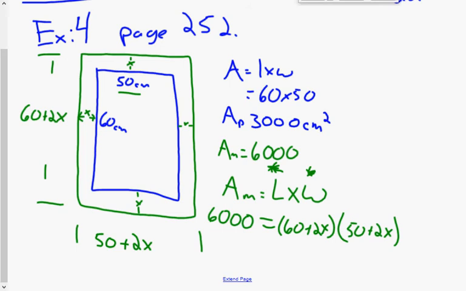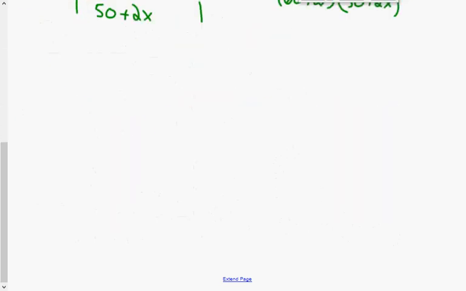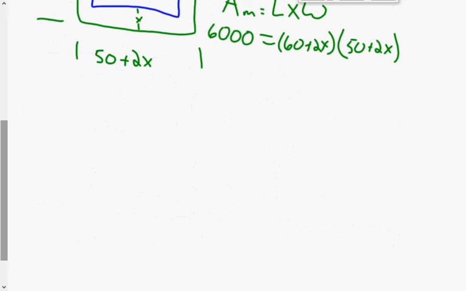Now I can work this out and then probably use the quadratic equation to solve for x. Okay? Sorry, I'm just going to scroll because I'm going to need some room here. First thing you do now that you set up your equation, you do your distribution or your FOIL, okay?